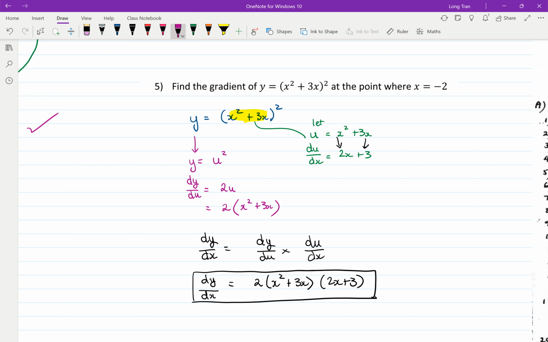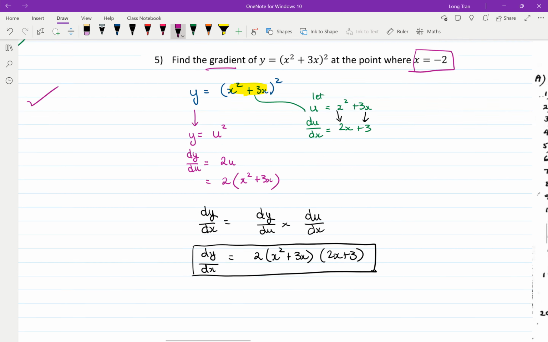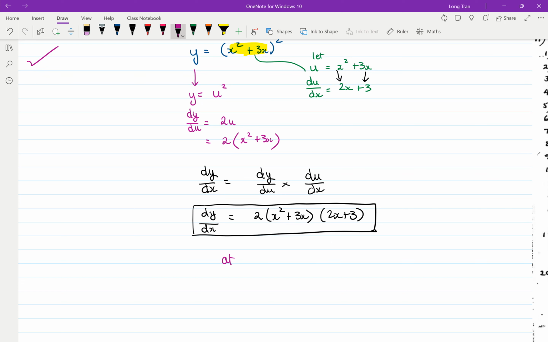Okay, yeah, makes sense. And then from here, it says where x equals negative 2, they want you to find the gradient. So here, this is how you should write it. At x equals negative 2, delta y delta x, which is the gradient, will equal 2 times (negative 2 squared plus 3 times negative 2), times (2 times negative 2, and then plus 3).